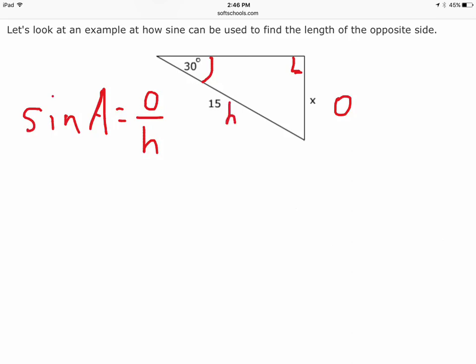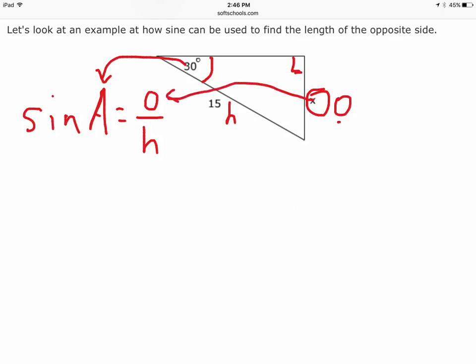Now, with that, we can substitute the different values in from the triangle. The angle in degrees is 30, so we'll substitute 30 degrees in for this A. We don't know what the value of the opposite side is, so we'll identify that as x and substitute it here.